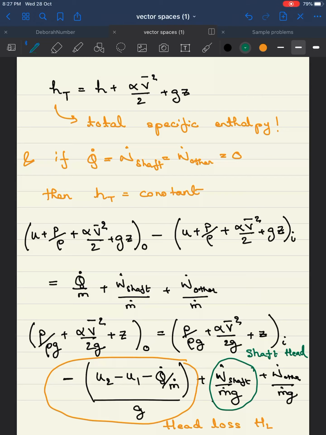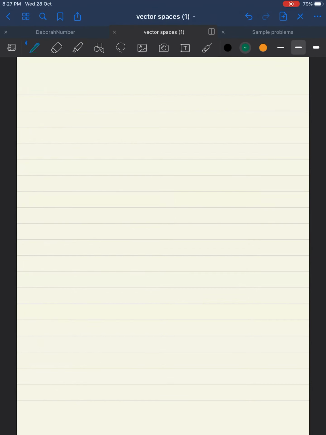The head is nothing but a component of the energy due to a certain thing, with the energy written in a certain way. I have run out of space, so let me go to another page and write it here with another color maybe.